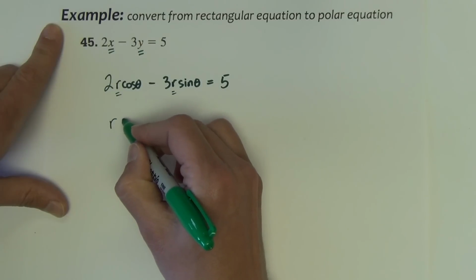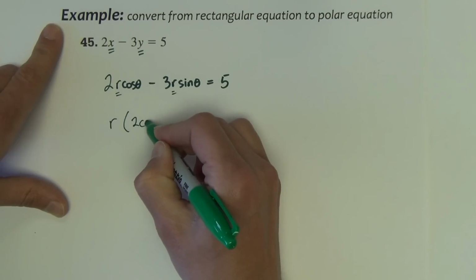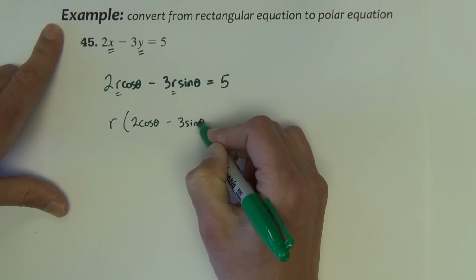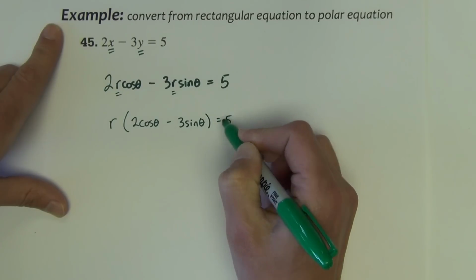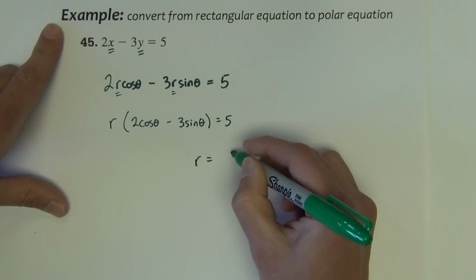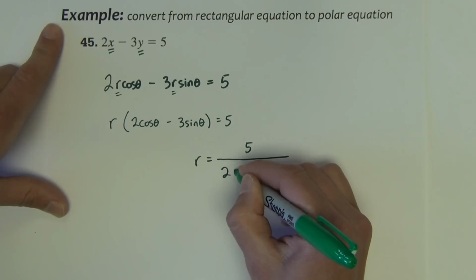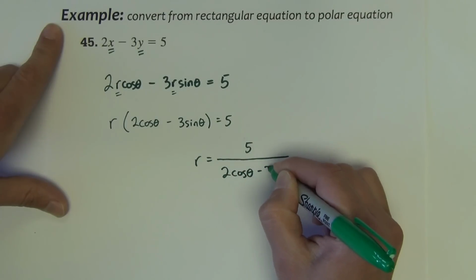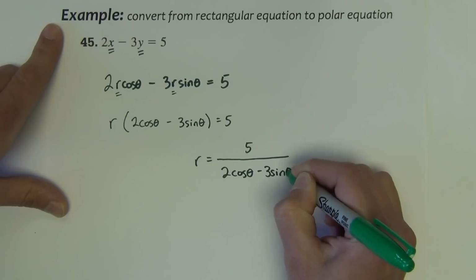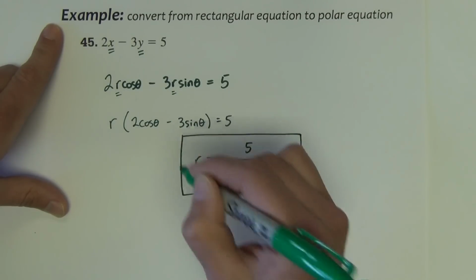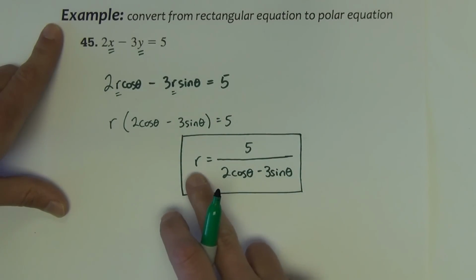If we take that out, we get r times the quantity 2 cosine theta minus 3 sine theta equals 5. Dividing by all that in the parentheses gives r equals 5 divided by 2 cosine theta minus 3 sine theta. That is our polar equation done. I know it's done because I've gotten it to r equals.